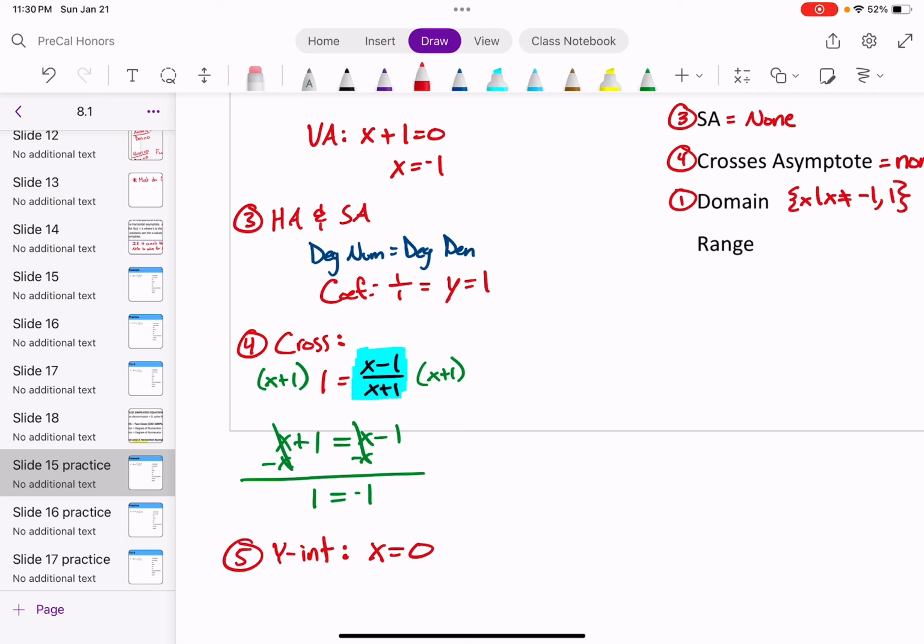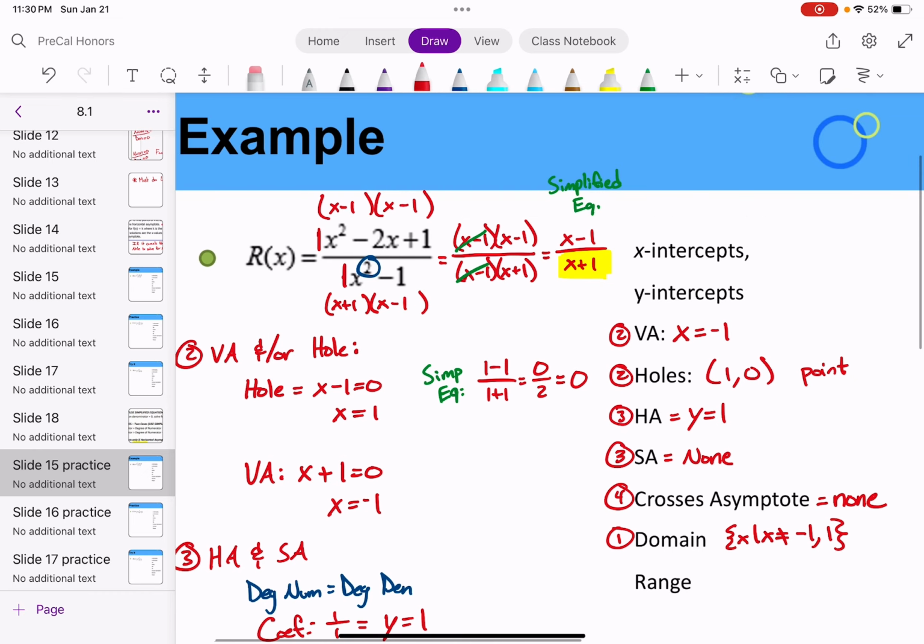And we're going to put 0 minus 1 over 0 plus 1. So we have negative 1 over 1, which is negative 1. So our y-intercept is going to be (0, negative 1).